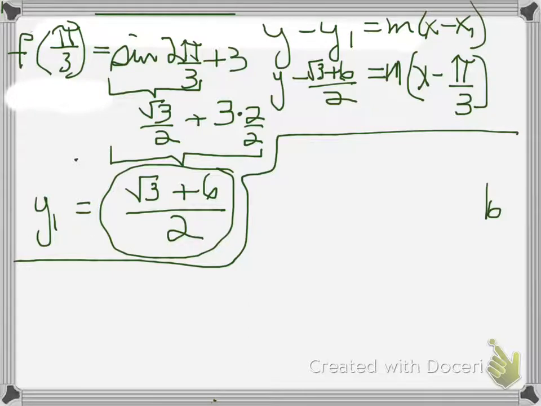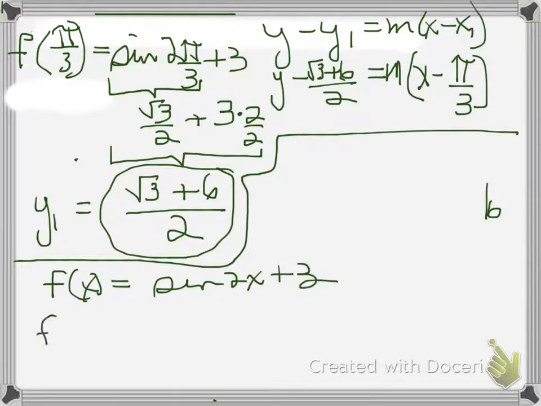So I know my initial function was f of x equals sine 2x plus 3. Let's take that derivative. F prime of x equals, the derivative of sine 2x is cosine 2x times the derivative with respect to x of 2x, which is just 2.